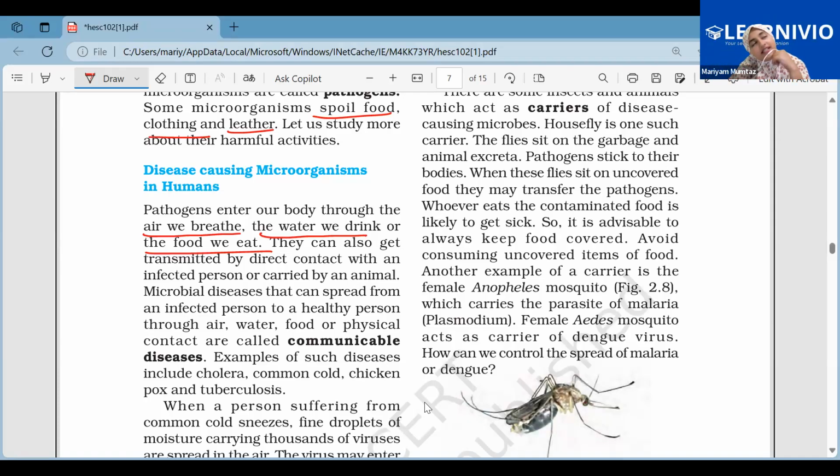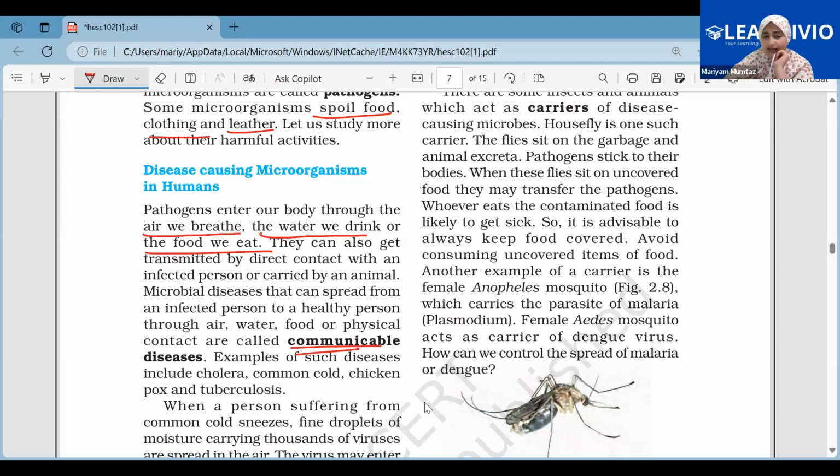Now, for example, if we talk about the common cold. If I have a cold and you come and sit beside me, will you catch a cold? Yes. So all those diseases that can spread from an infected person to a healthy person, we call them communicable diseases. Communicable, like it can communicate.